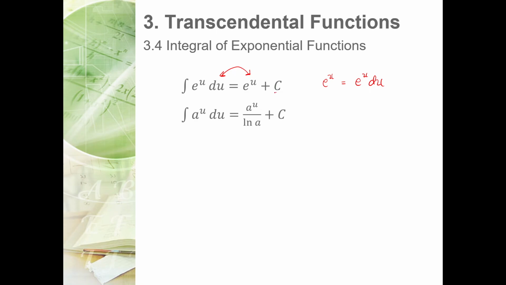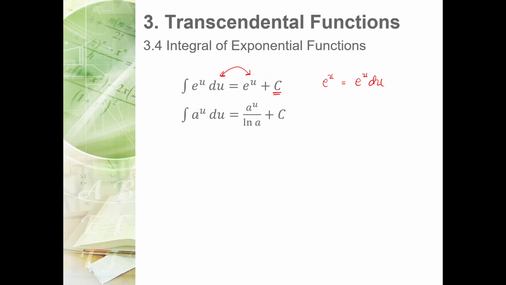But in integrals, we just have a plus c because we don't know if the given equation has an extra constant. Of course, the derivative of a constant is 0. So vice versa.